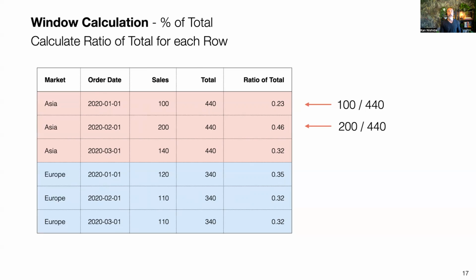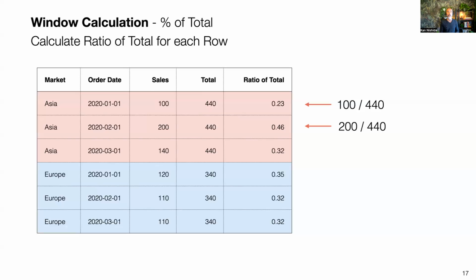So that's really the nutshell on the window calculation. Again, window calculation is somewhere between a create calculation, or row-based calculation, and summarization, because at the end of the day, you do the calculation row by row, but also group sensitive.